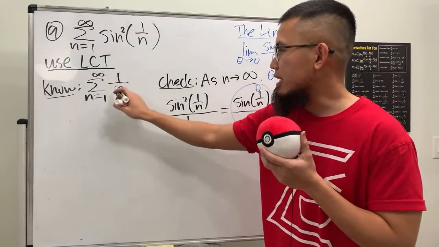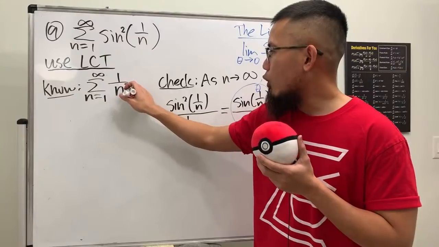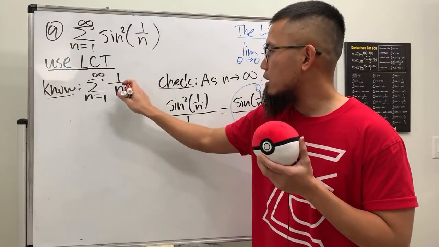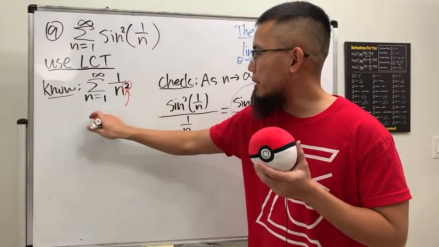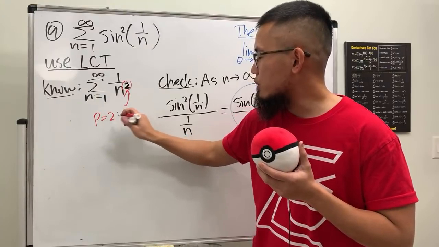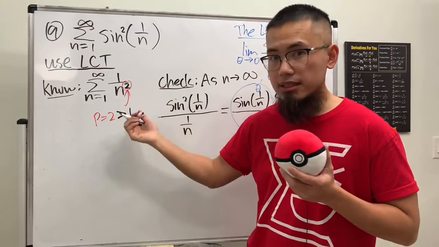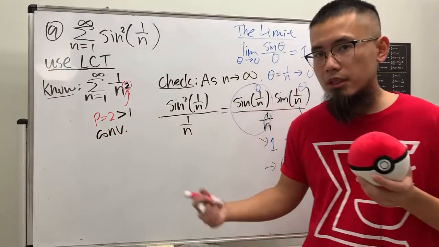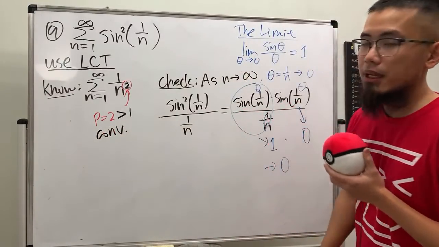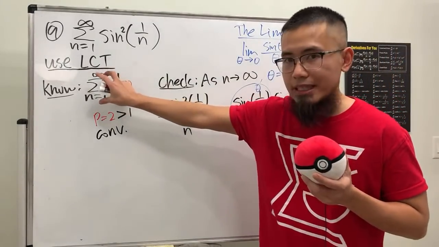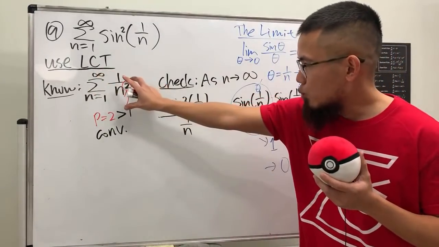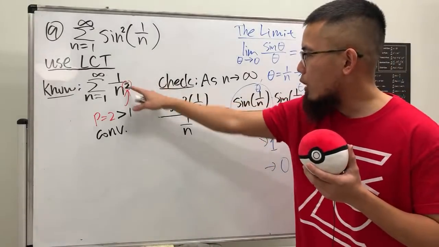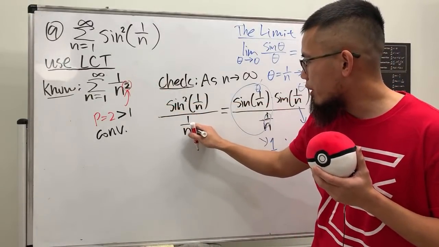We come back here and say the series of 1 over n squared, and in this case, our p is 2, which is greater than 1, and this now is a convergence situation, right? This right here converges. So if this is the one we know, this is the one that we're going to use, I will put down 1 over n squared right here.